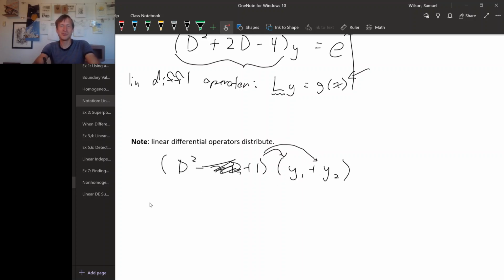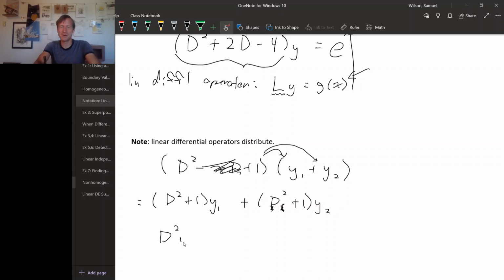So this would give you D squared plus 1 times y1, plus D squared plus 1 times y2. And of course, then you could expand this even further if you needed to for some reason.